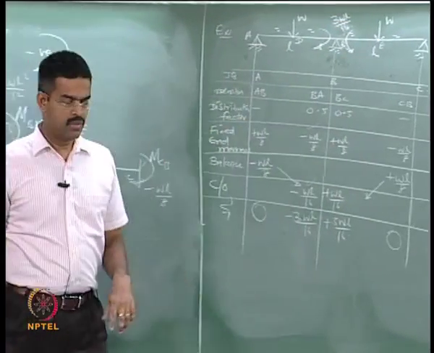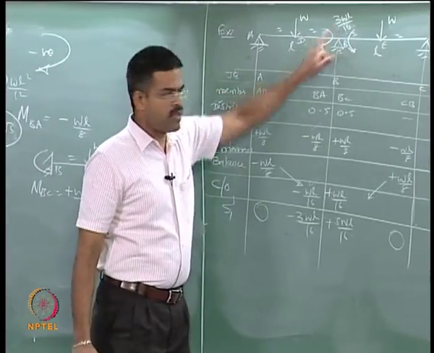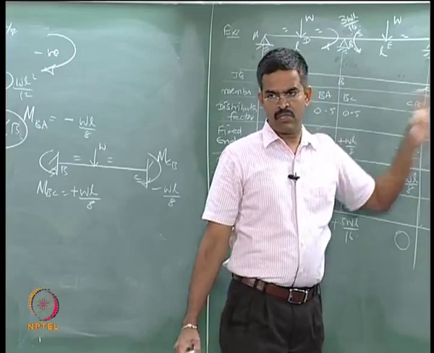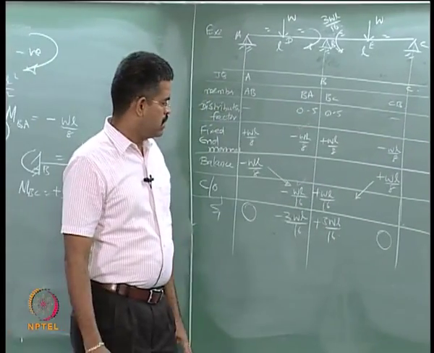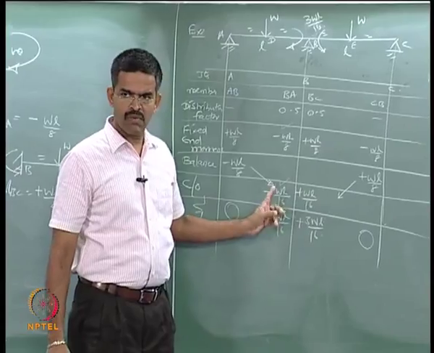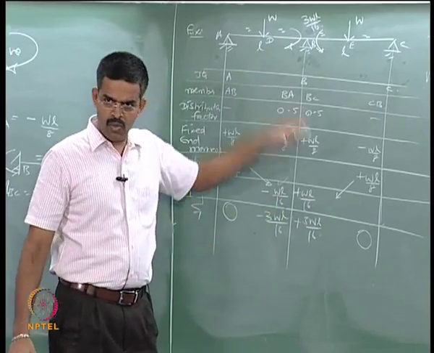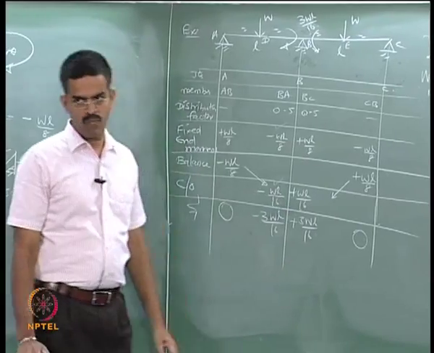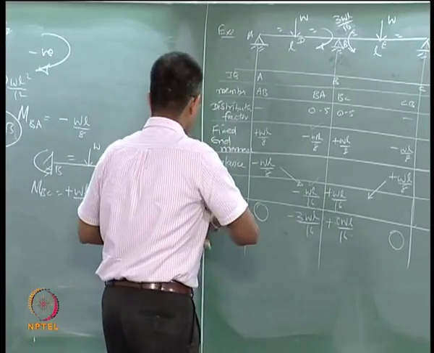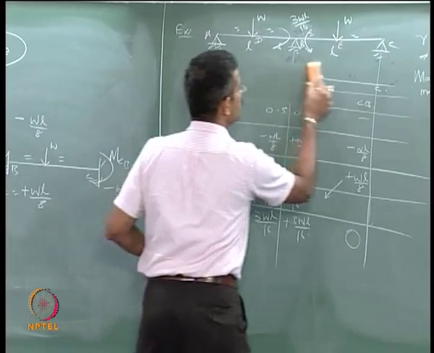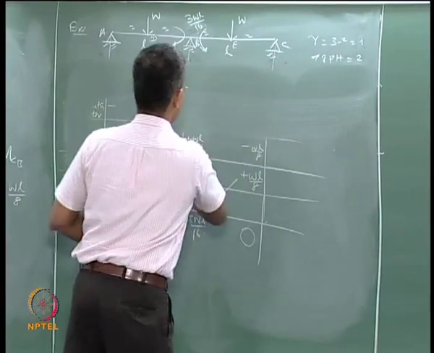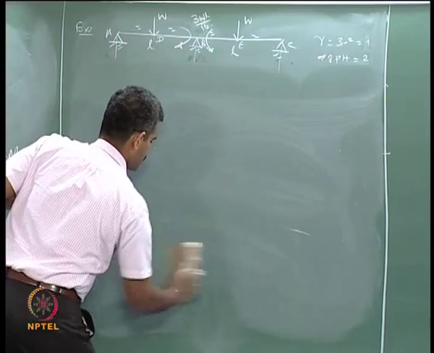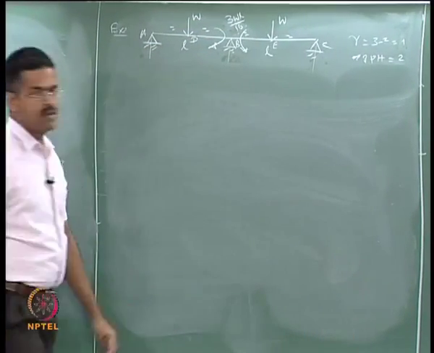Just to find this value, we have explained this. This method is what we call the moment distribution method. Suppose if they are not balanced, then we have to again do the balance and carry over, keep on doing it for n number of cycles until the moments get balanced. So, I will remove this, I do not require this anymore. What I wanted is only this value. Now, we got this value.